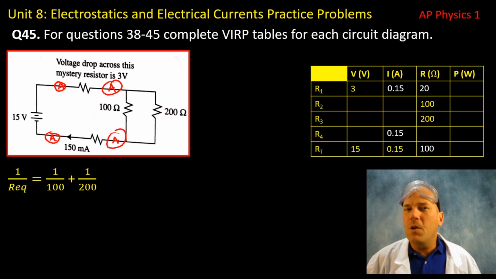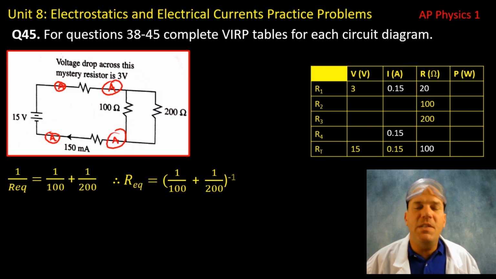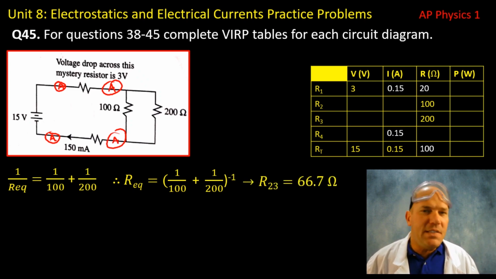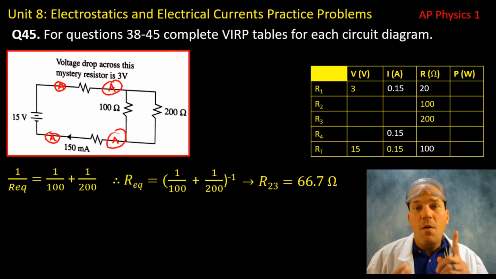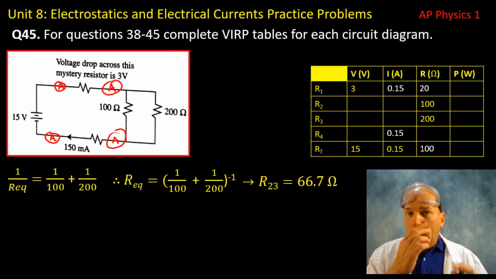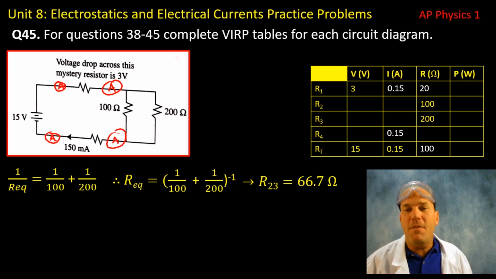So 1 over 100 plus 1 over 200 is going to give us the equivalent resistance, and the inverse of that is going to equal 66.7 ohms. Now we know the equivalent resistance for the parallel combination. Again, note the use of subscripts 2, 3, which denotes that this is the resistance across both resistor 2 and resistor 3, and that number is equal to 66.7.